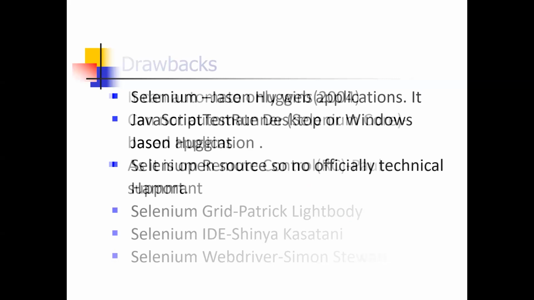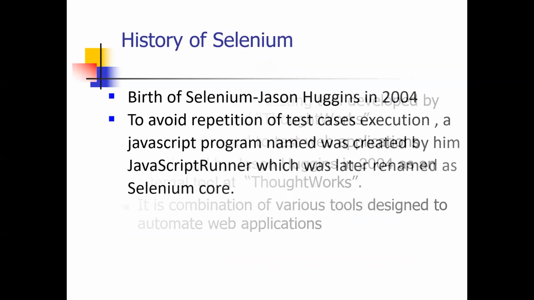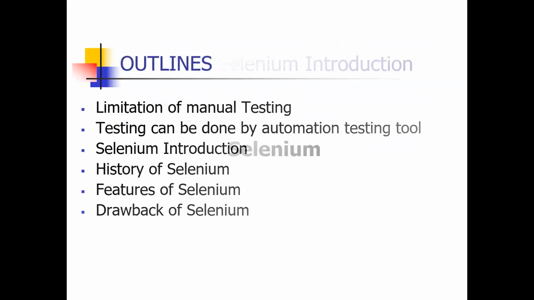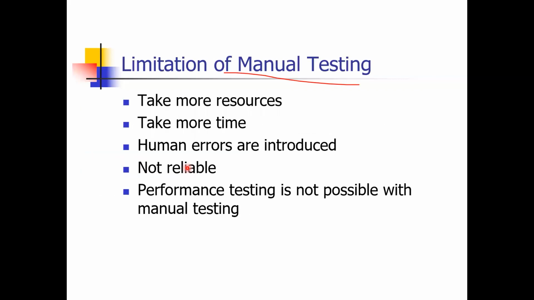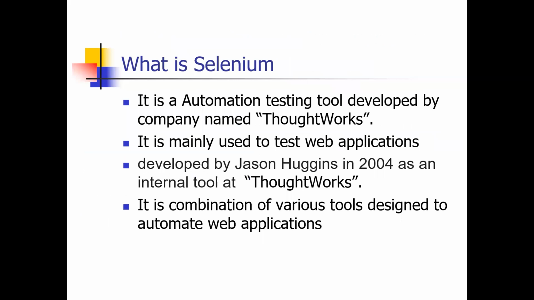Today we learned what Selenium is, its history, which type of testing can be performed by it, and its features and drawbacks. Selenium is an automated testing tool that is used for testing website applications.